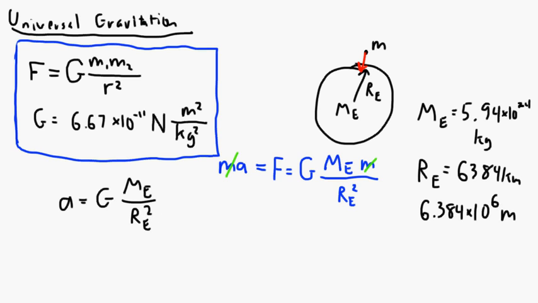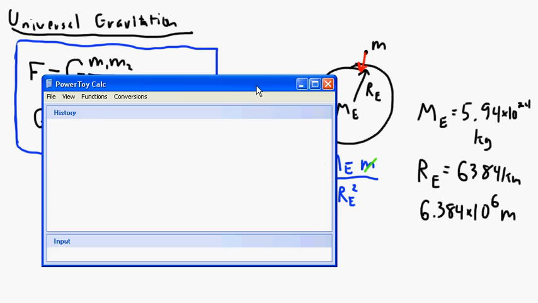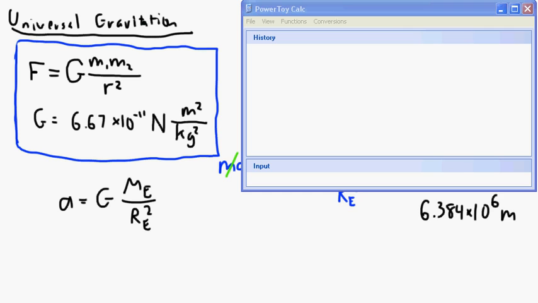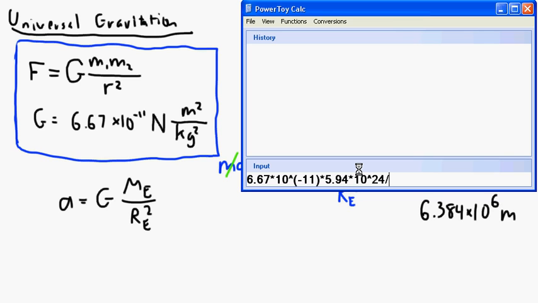And let me pull out my little power calculator thing. Okay, so let's see. G is 6.67 times 10 to the minus 11, times 5.94 times 10 to the 24, and that is divided by 6,384 kilometers, and then I'm just going to tack 3 zeros on the end to make it meters.